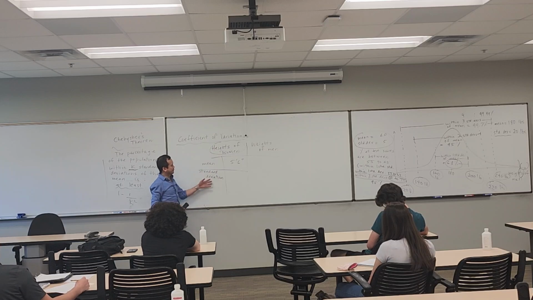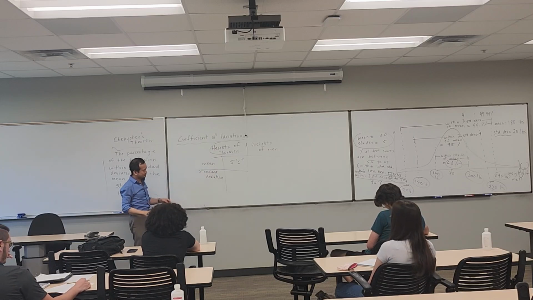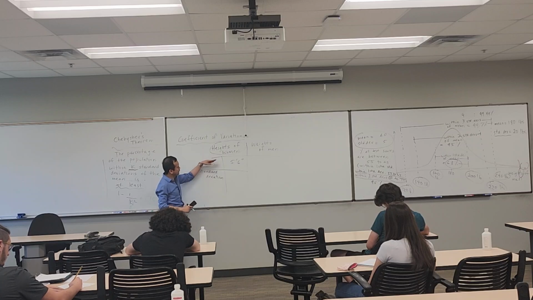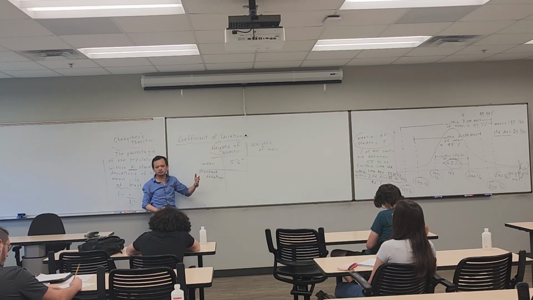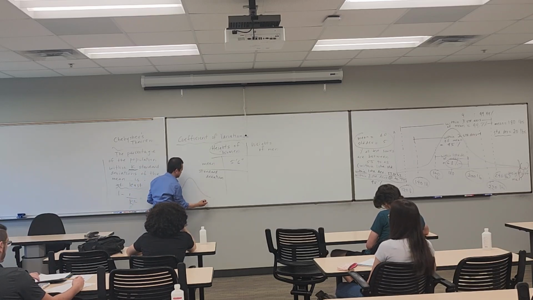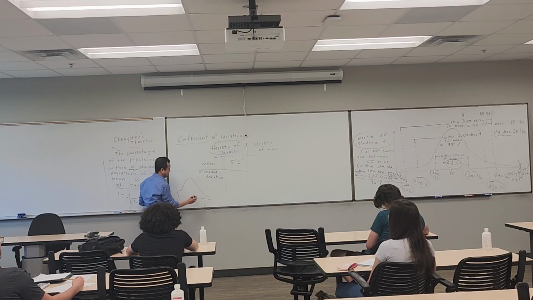So now let's think about what it means to be a standard deviation. We said that this variable, heights for women, is distributed in what kind of distribution? Bell curve. Yeah, bell curve. So we know that we have this bell curve that represents heights of women.